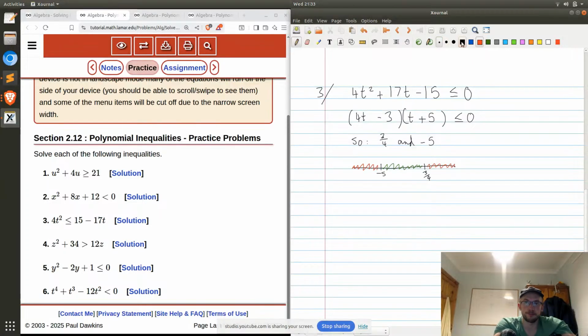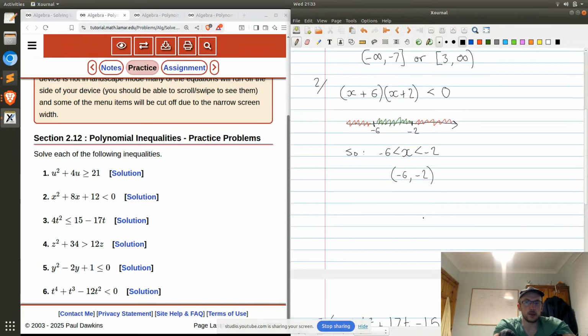And there you go. Conclusion, t is trapped between -5 and 3/4. Interval notation, please. -5 on the left, comma, 3/4 on the right, square brackets on both sides.